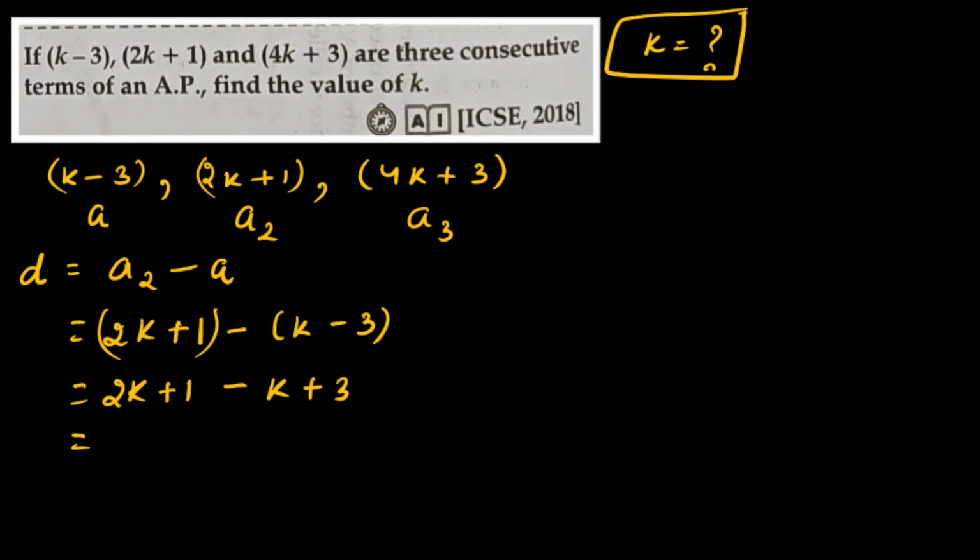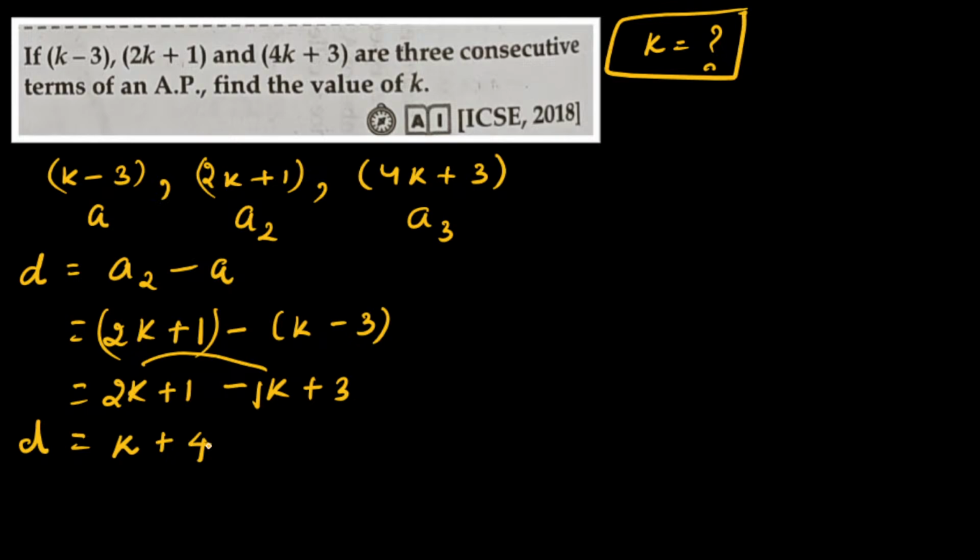Now we can solve like terms. So d is equal to 2k minus k. K means 1k, so 2 minus 1 is 1, so we can write k only. Then 1 plus 3 is 4.